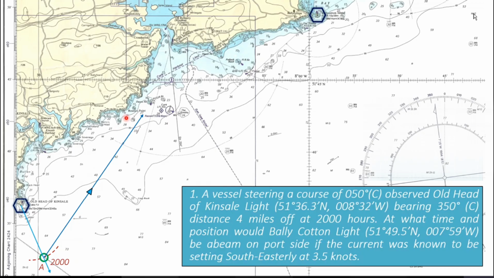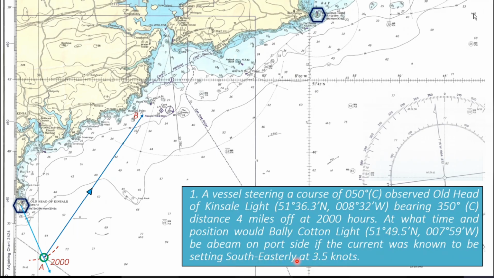Now the point where the CTS vector ends, let's name this point as B, Bravo point. So AB represents our course steered vector for a duration of 1 hour. Now the next thing which I am going to pick up from the question is the current. We know the current is setting southeasterly.